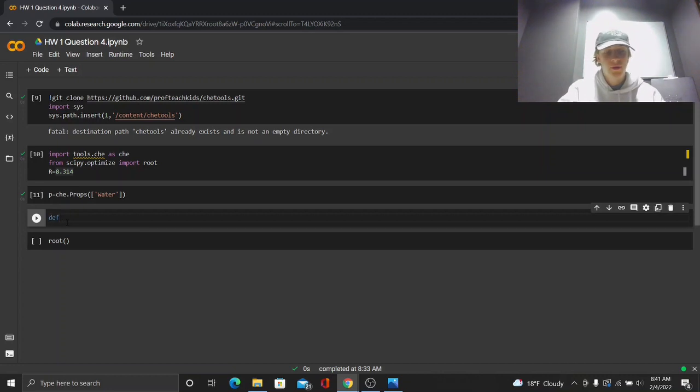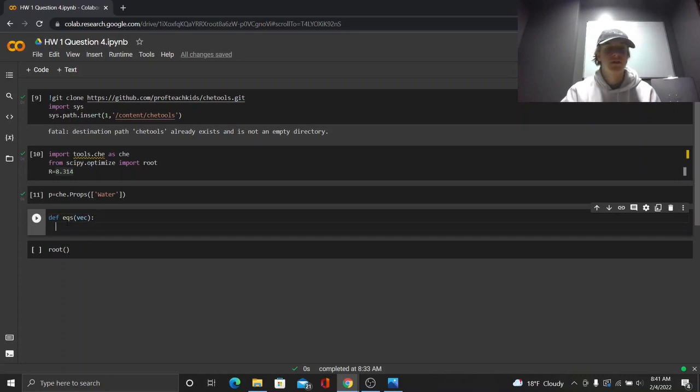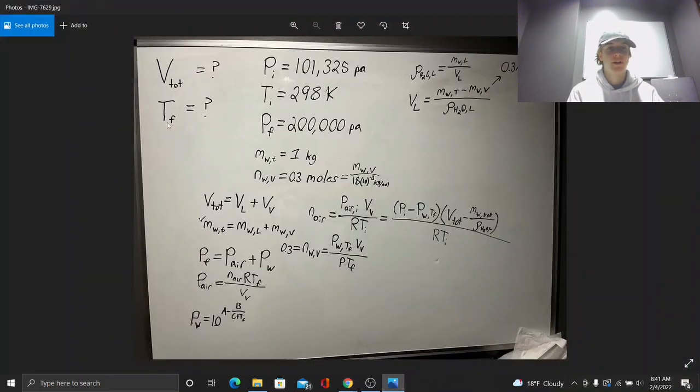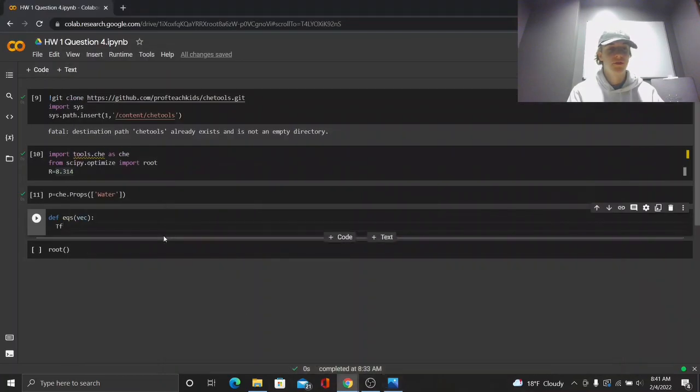I'm just going to call this our equations, and we need to supply a vector or an array with our unknowns to this function. So I can unpack this and call it our two unknowns, the final temperature and the total volume.